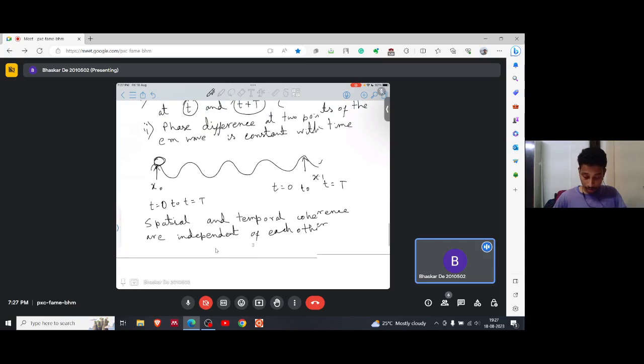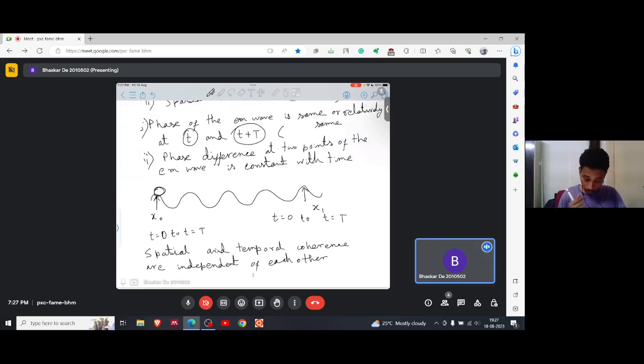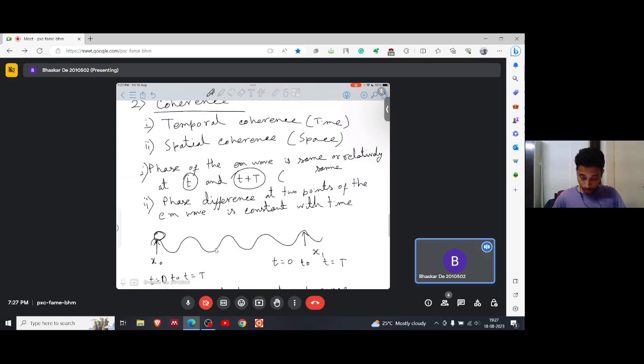This means that the beam can be temporally coherent in time.